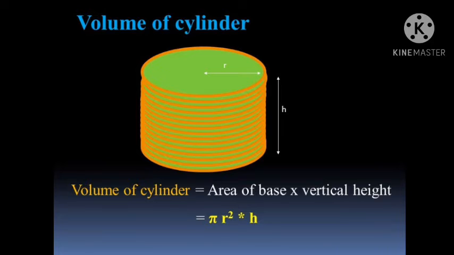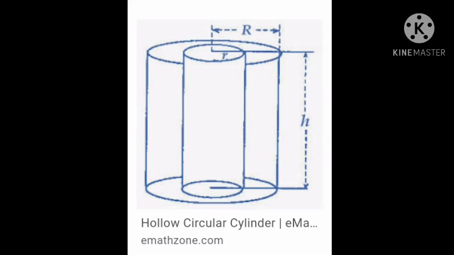Here area of the base is the area of the circle, pi r square, and height is h. That implies pi r square into h. So volume of a cylinder is equal to pi r square h, where r is the radius of a circle and h its height. Next topic, hollow cylinder.